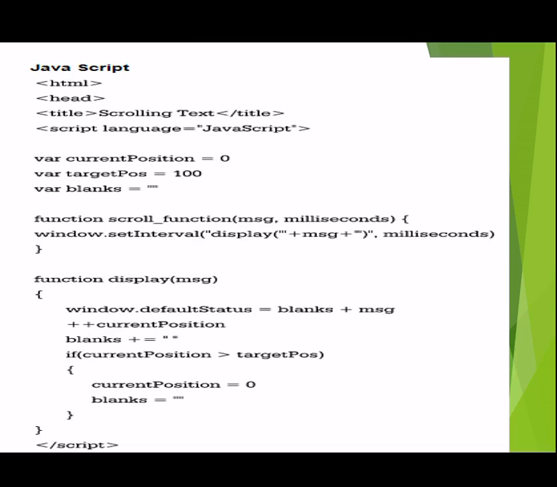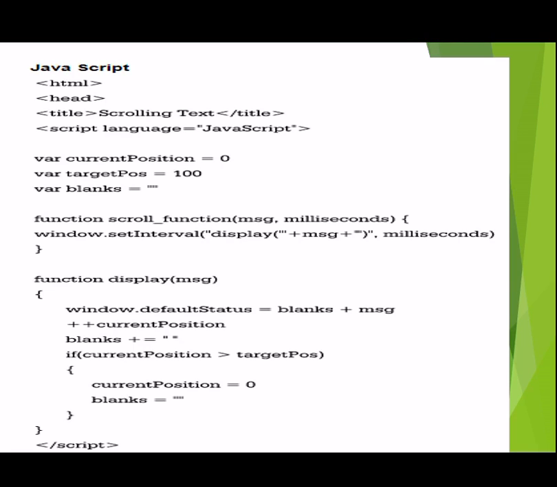If your current position is greater than the target position, so your target position is what? 100. Your message should be moved from the 0th position to the 100th position. Once your current position becomes greater than the target position, the current position will be set to 0 and your message will start again from the 0th position.